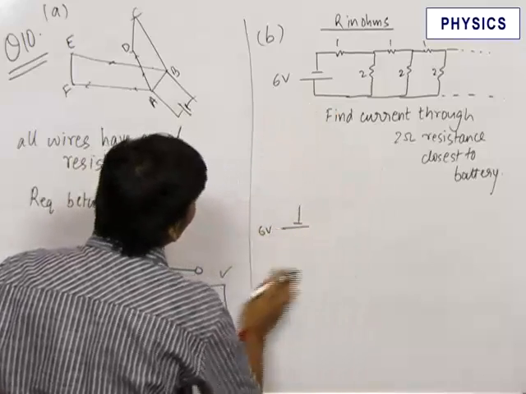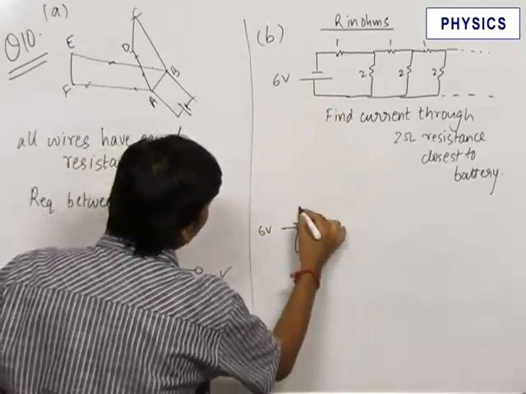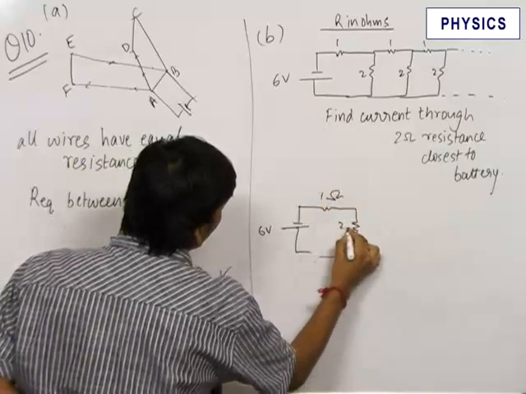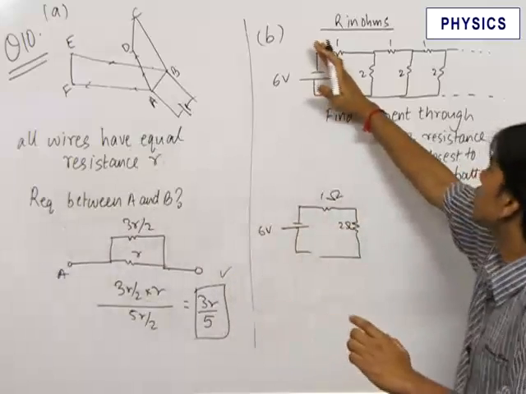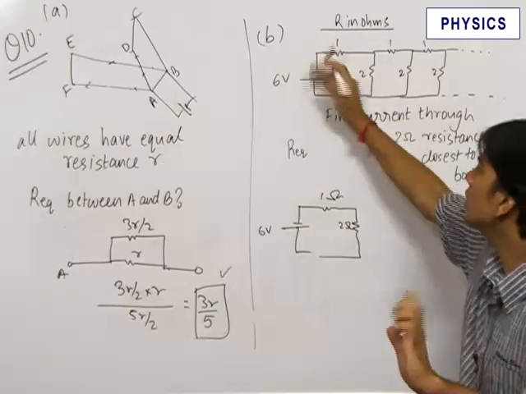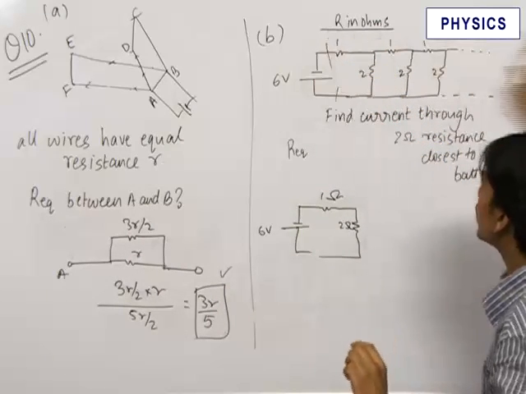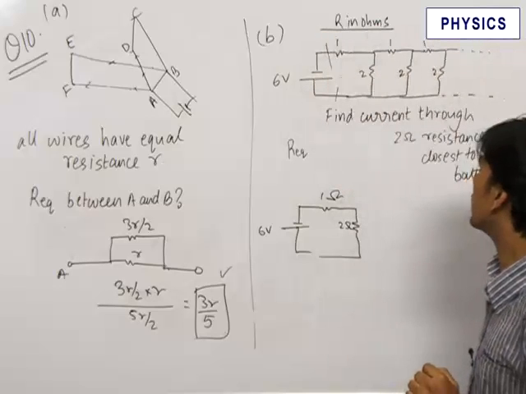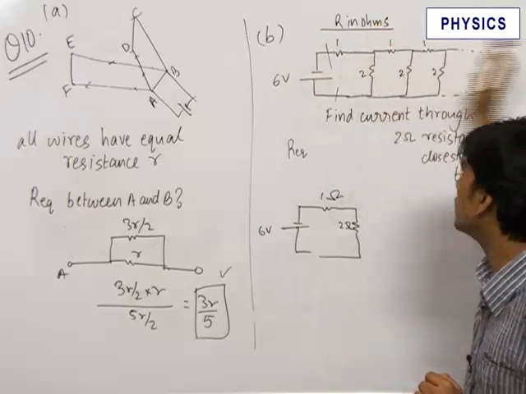This 6 volt cell is there. We have 1 ohm resistance over here, 2 ohm resistance over here. Let the equivalent resistance of this whole circuit be R equivalent. Now the whole circuit from here to here is the same as from here to here.